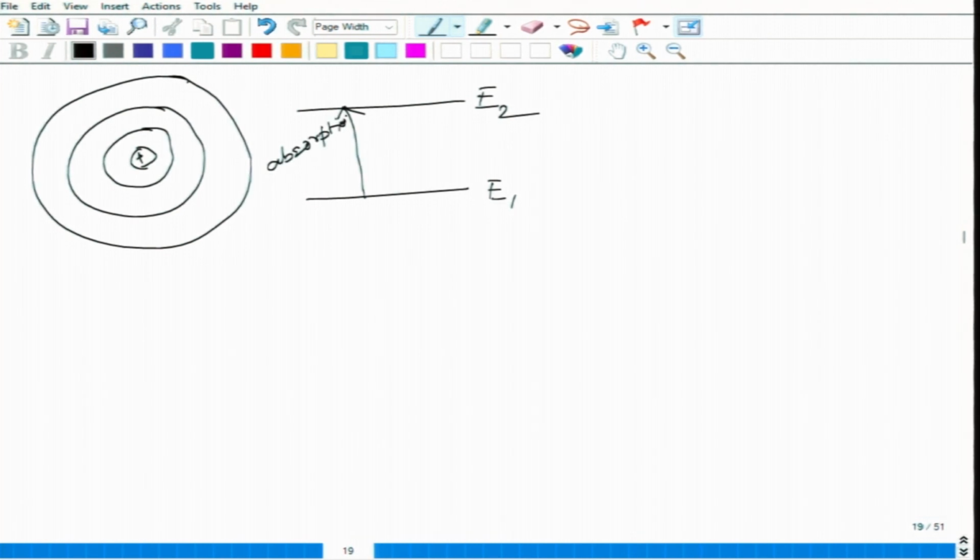We had earlier talked about the absorption spectra. Absorption spectra arises when the electrons absorb energy and move to a higher energy state. But the higher energy state is not stable.